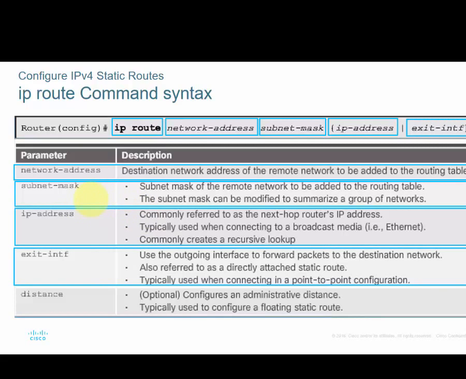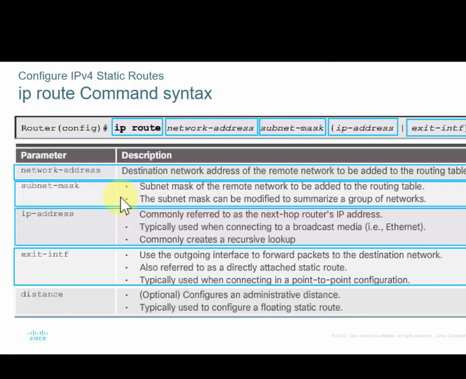Notice that as we go through this video, we're going to be looking at configuring a static route by using the IP address only, or by using the exit interface only, or we could use both of them. So we'll be looking at three common ways of configuring static routes, and we'll discuss them in this video.